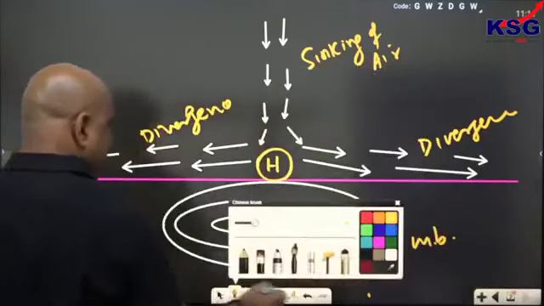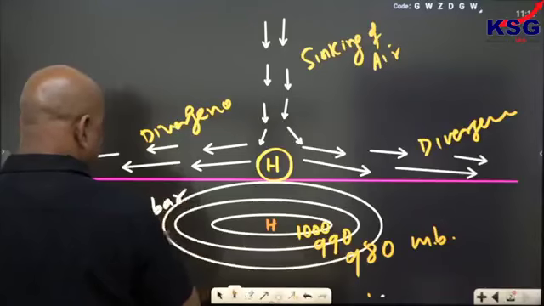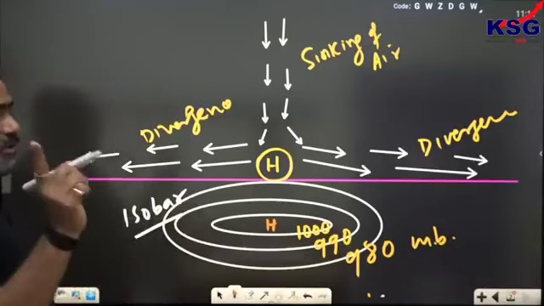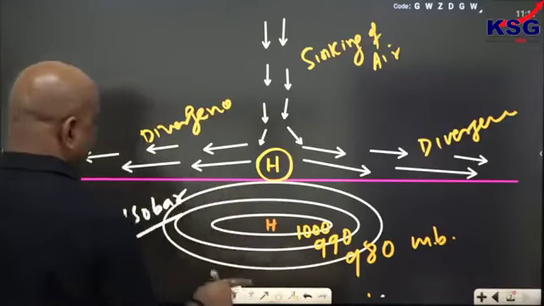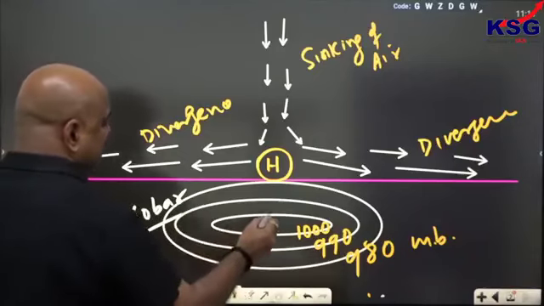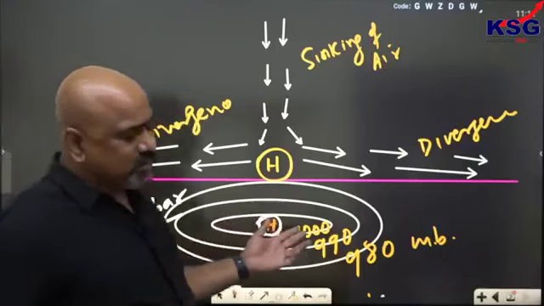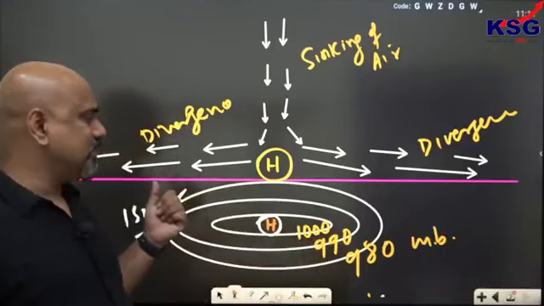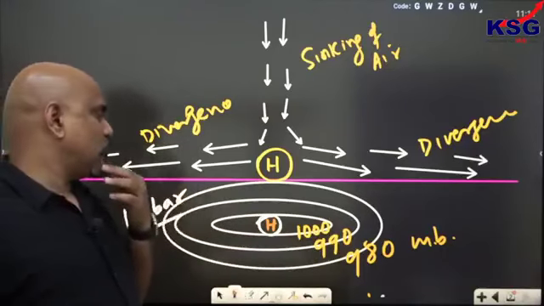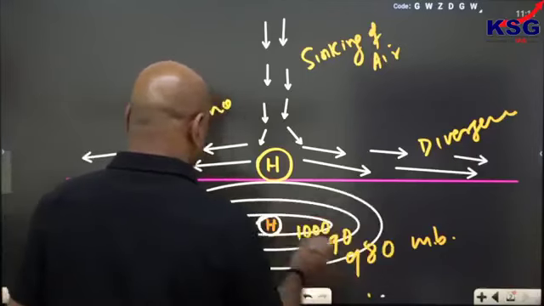Isobars are there, and these are the isobars here. Isobar means a line joining places with equal pressure. Here there is highest pressure at the middle and towards the periphery the pressure gradually decreases. So to maintain equilibrium, wind will blow from the center towards the periphery.